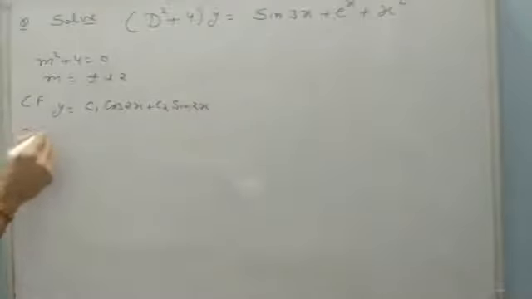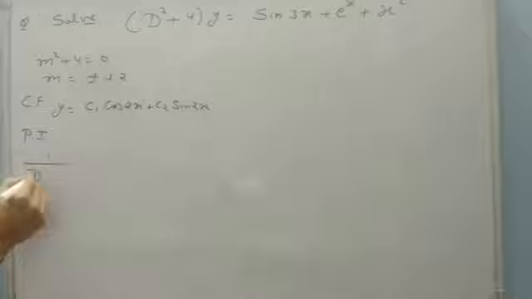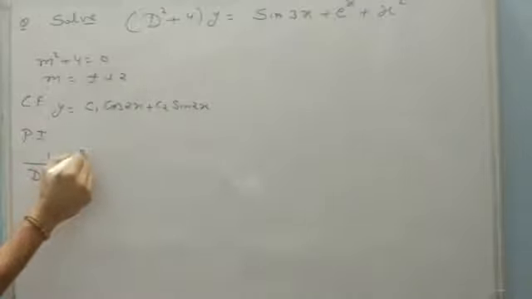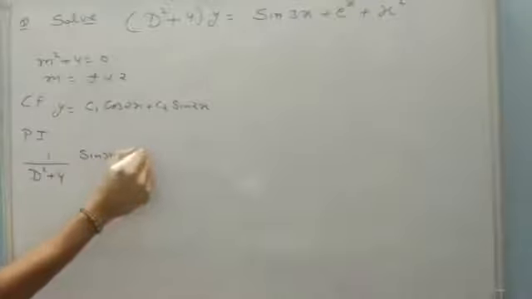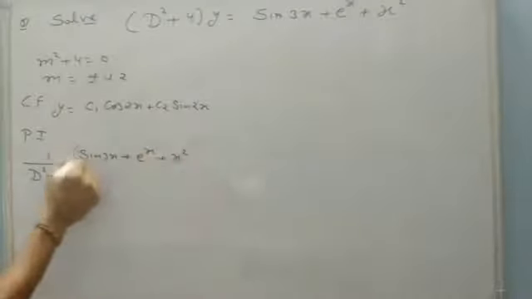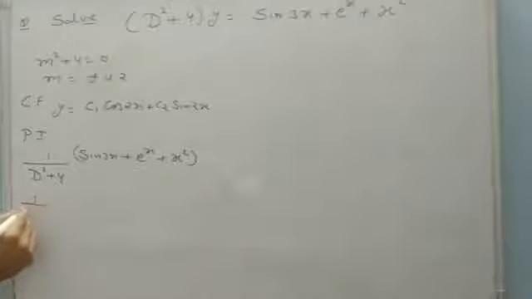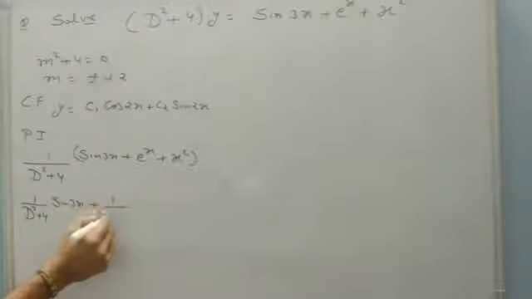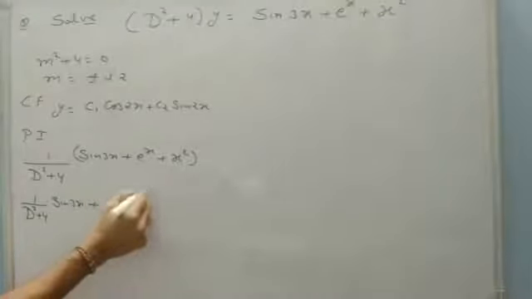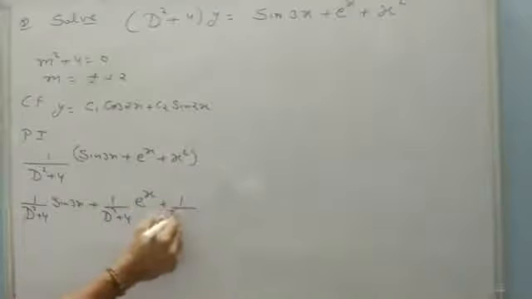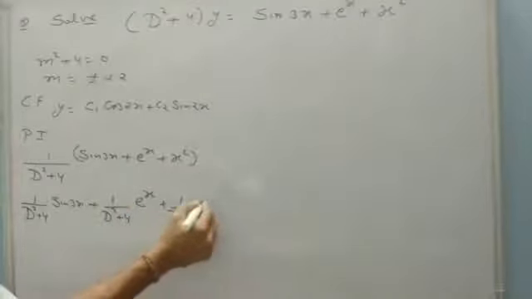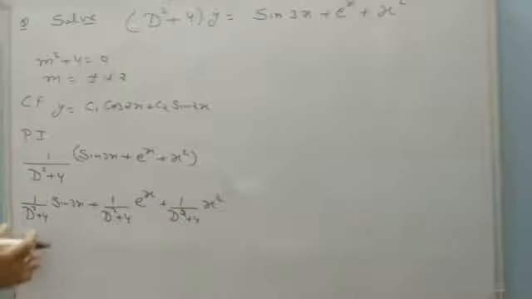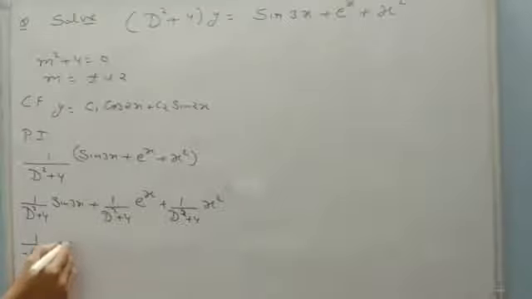Now for the PI, it will be 1 upon D square plus 4 of (sin 3x plus e to the power x plus x square), or it will be 1 upon D square plus 4 sin 3x plus 1 upon D square plus 4 e to the power x plus 1 upon D square plus 4 x square. For this one I have taken a as 3, it will become minus 3 square plus 4 sin 3x.